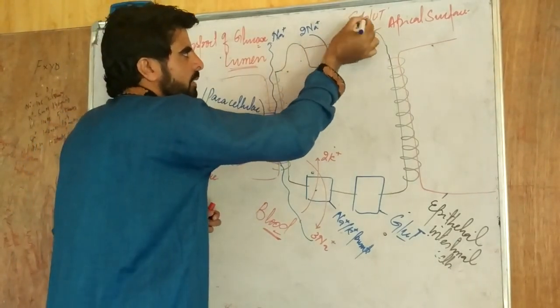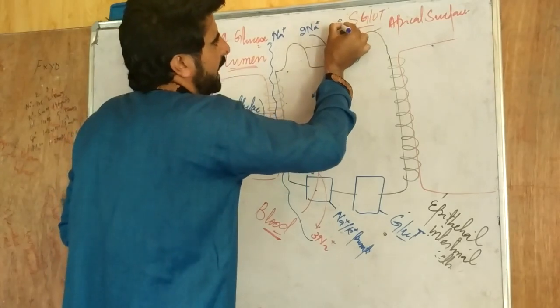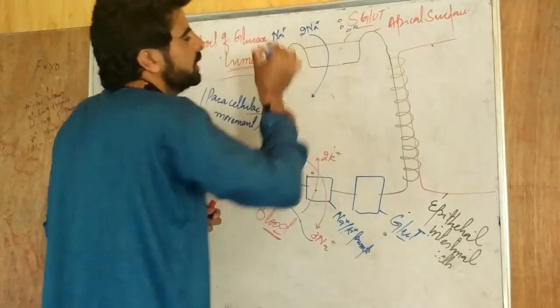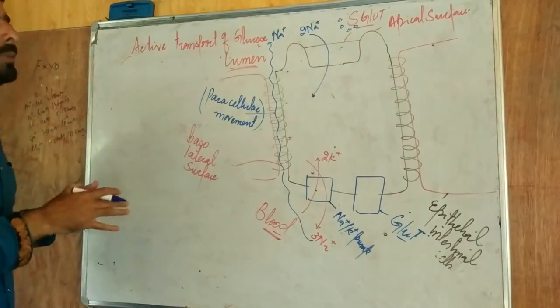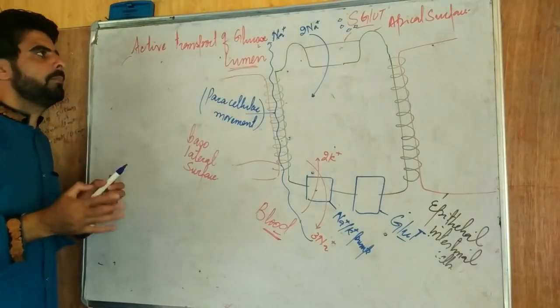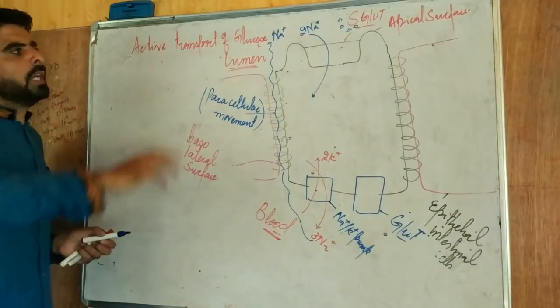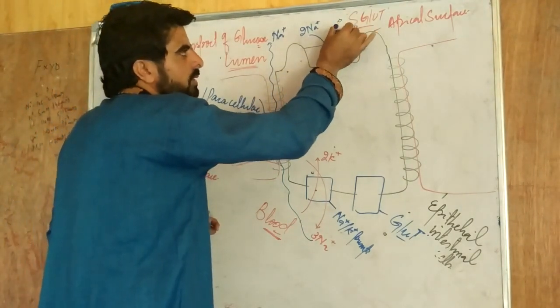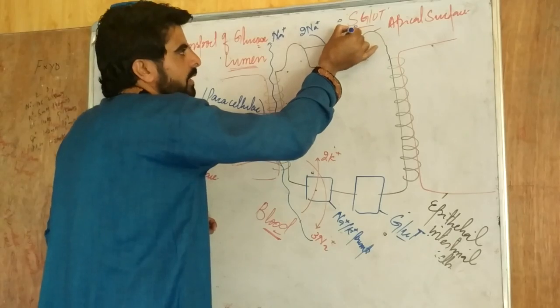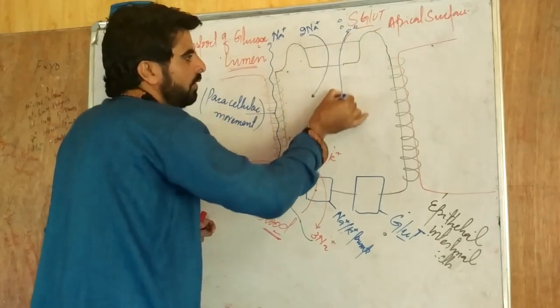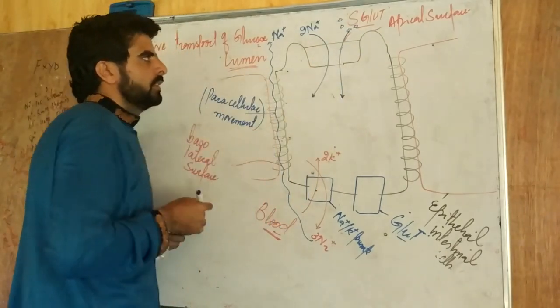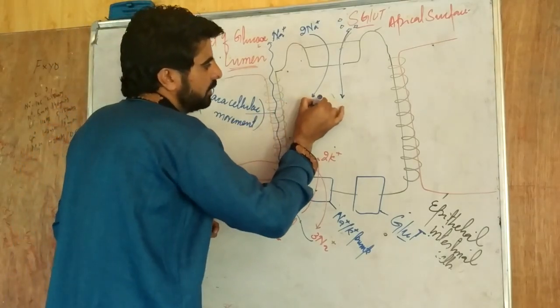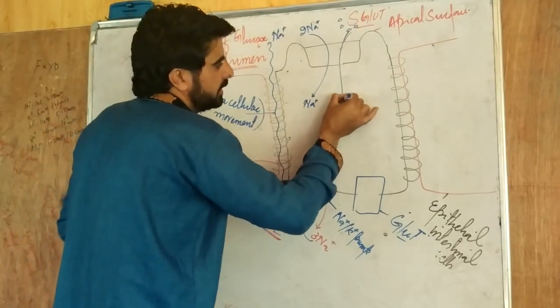And it also takes in glucose, because the glucose here is very less, since most of it is taken up by facilitated diffusion. Some of the glucose which remains in the lumen is taken actively, moving against the concentration gradient, from lower concentration to higher concentration. Sodium is allowed to move in, you have to keep in mind, and with it the glucose moves.